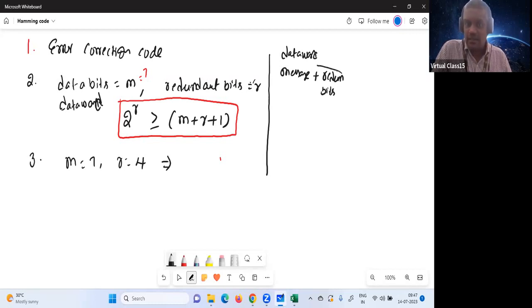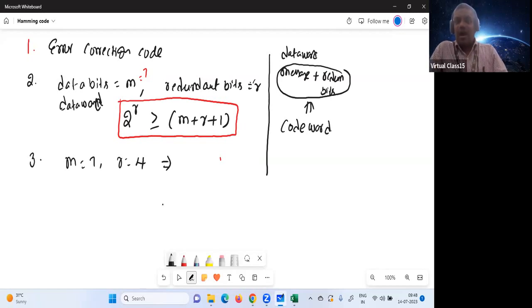The entire thing, the message plus redundant bits, is technically called the code word. You are appending an error detection or correction code based on the mechanism you want to use.